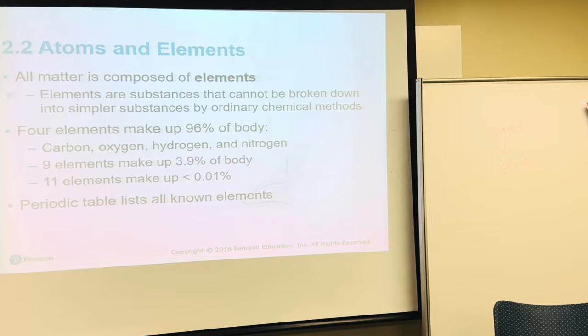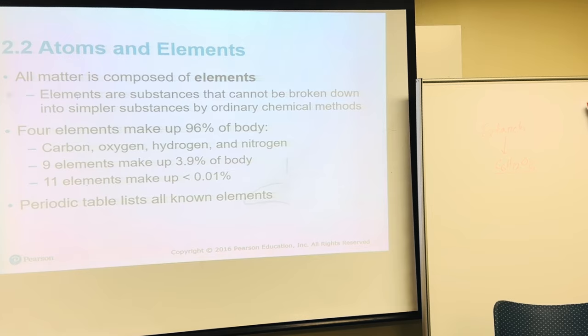Okay, so there are other elements, like 9 elements make up 3.9% of the body, and there are 11 elements that make up less than 0.01% of the body. Can you give me some example? If you think about your hemoglobin, what is the element which is the very important part of the hemoglobin? Iron, right?